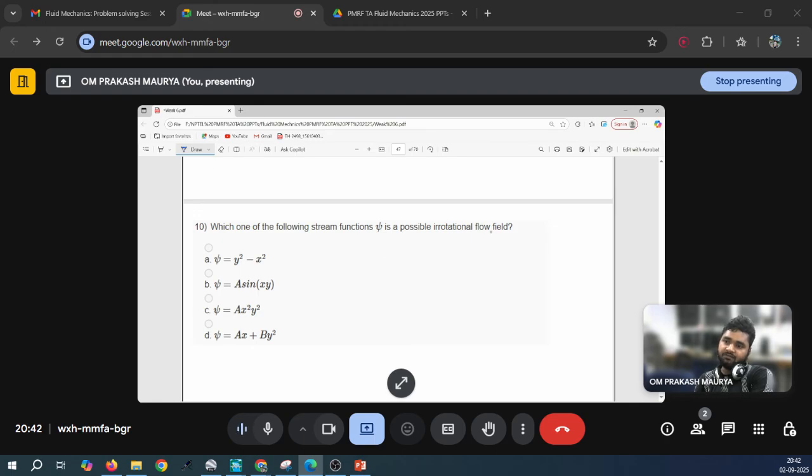Possible irrotational flow field means no rotation. Del squared psi by del x squared plus del squared psi by del y squared, if it is equal to 0, then it will be irrotational. The possible irrotational flow.